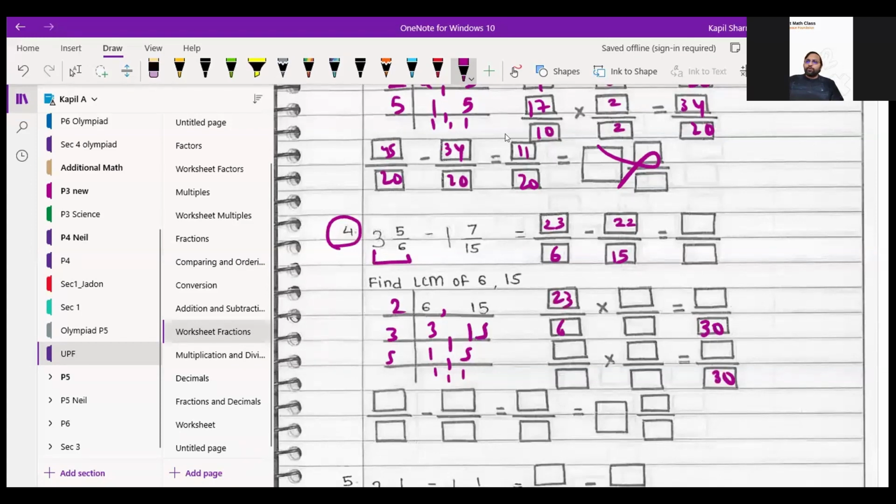So 23 upon 6 times 5 upon 5 is 115 upon 30. The second fraction is 22 upon 15, multiply and divide by 2. So we get 44 upon 30.